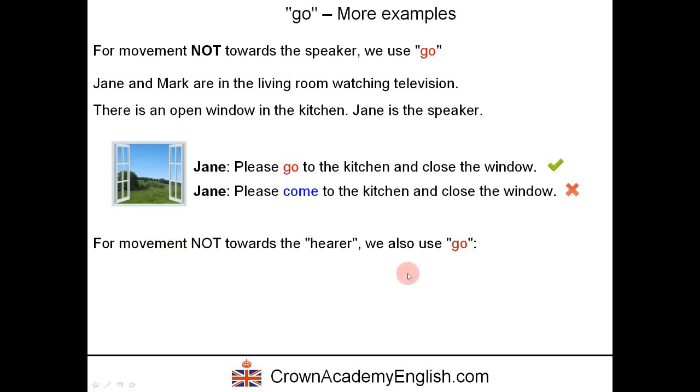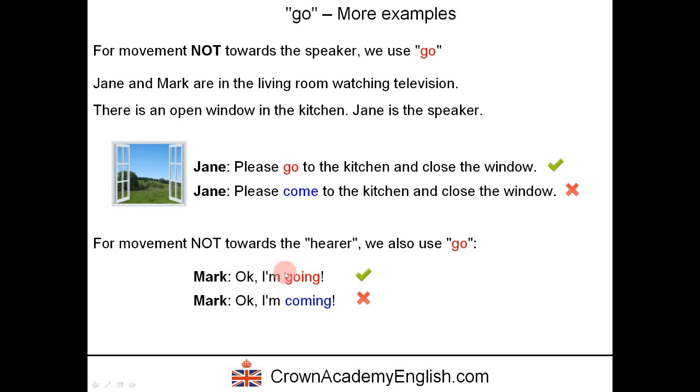And we also use go when the movement is not towards the hearer. So Mark replies to Jane and he says, okay, I'm going. So this means, okay, I'm going to the kitchen. And this would be wrong. Okay, I'm coming to the kitchen. No, that is wrong. So this is correct because the movement is not towards the hearer.